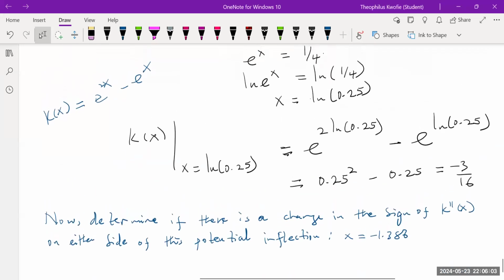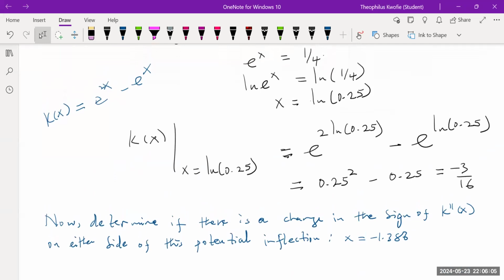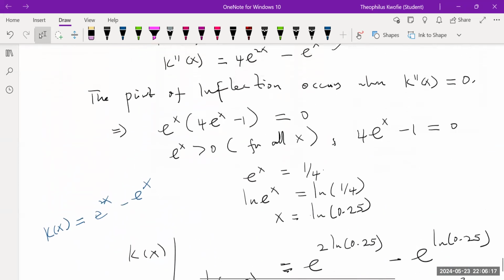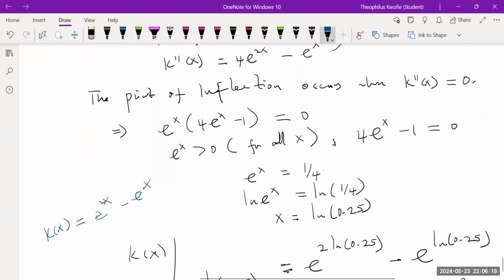All right, so at this point, I want us to be more inquisitive. Now let's determine if there's a change in the sign of the second derivative on either side of this potential inflection point. And over here, I want to point out that this is equivalent to negative 1.386.